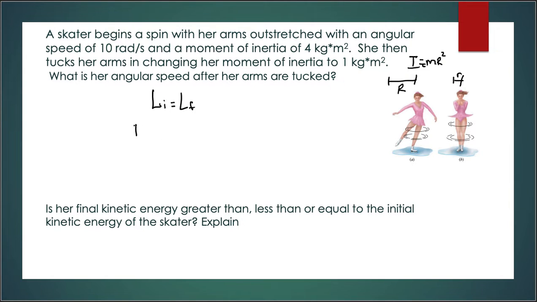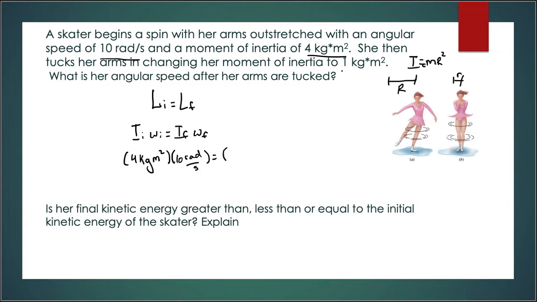And that I initial omega initial equals I final omega final. So our initial I is going to be 4 kilograms meter squared times our initial omega. So I'll underline these for you. Okay, 10 rad per second.